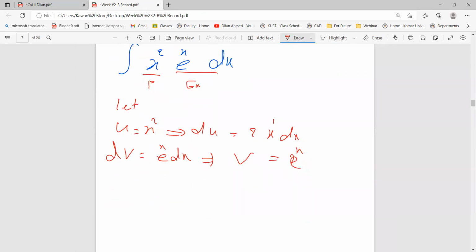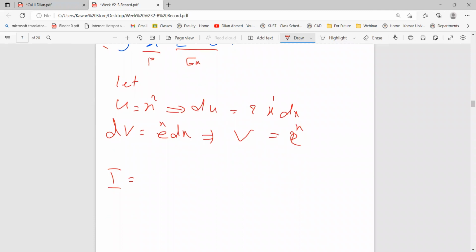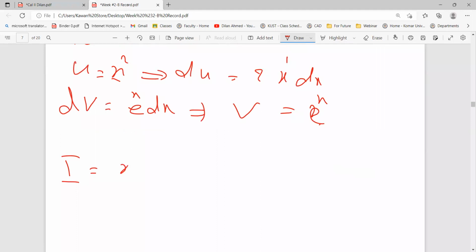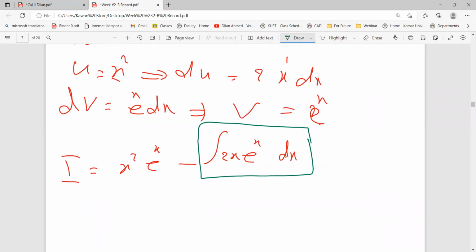Now I equals uv minus the integral of v du. Is that one easier? Why is it easier?